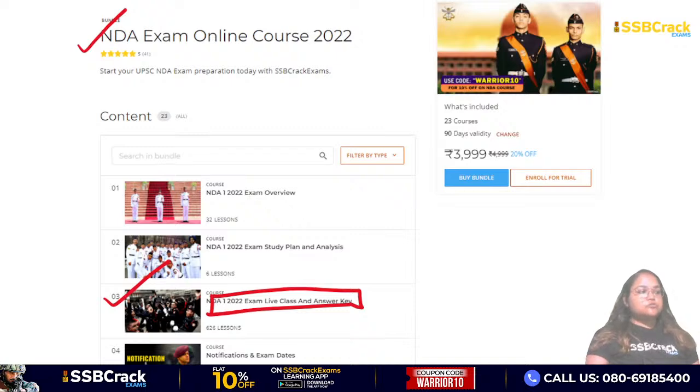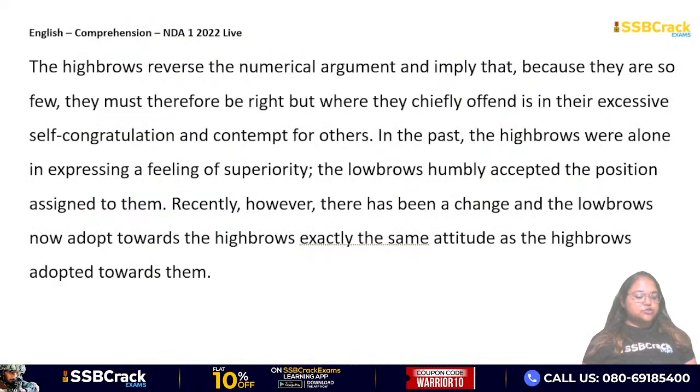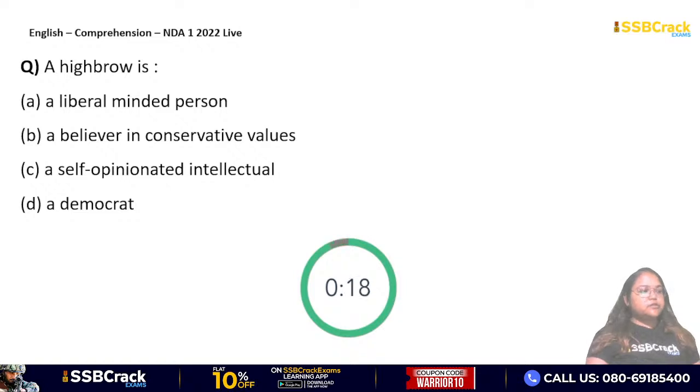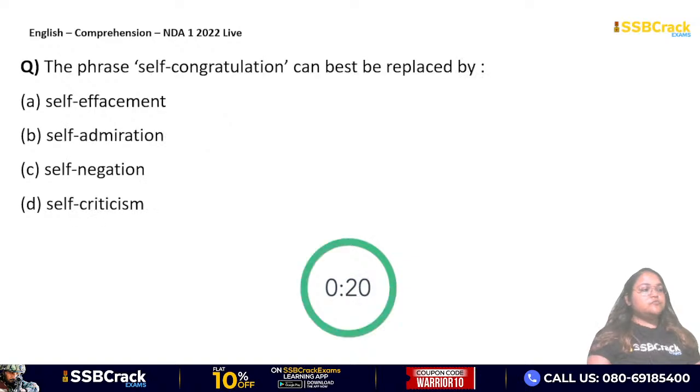Okay, so I'm going to show you the passage once more. So this is the passage. Take a screenshot, and this is the first question from the passage. Take a screenshot of it. Let's not take much time. Here you go, the second question. Take a screenshot. Okay, moving on to the third one.